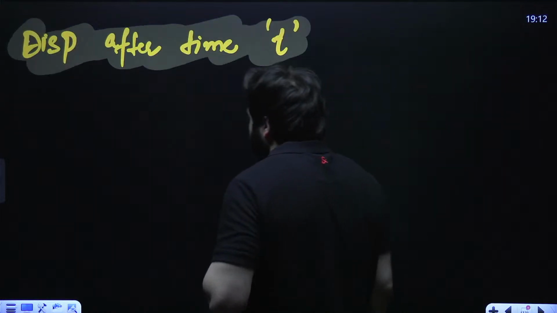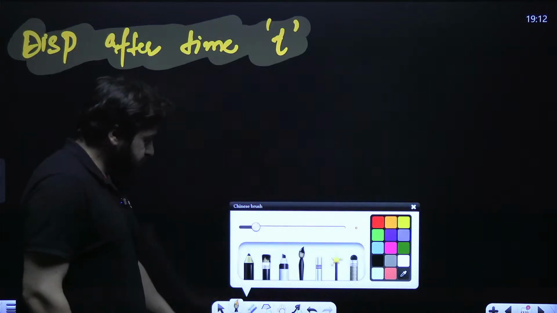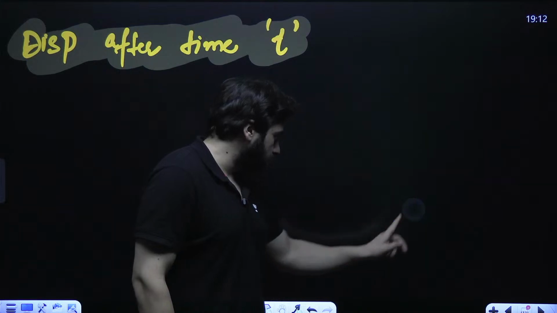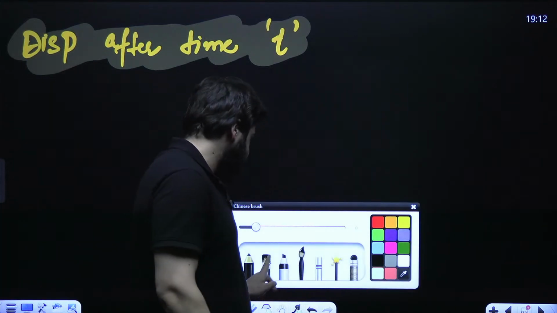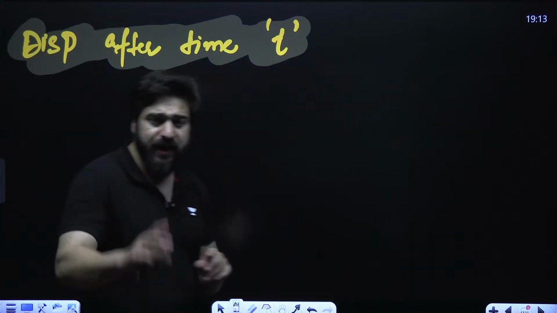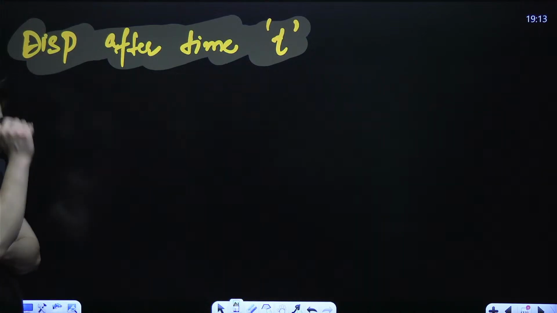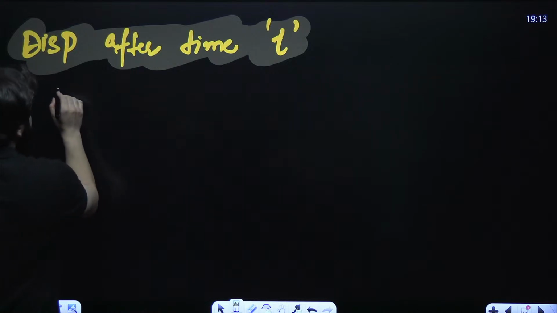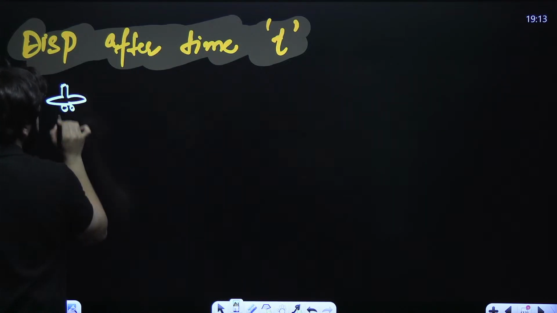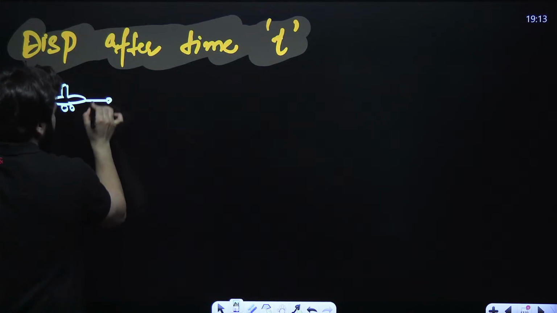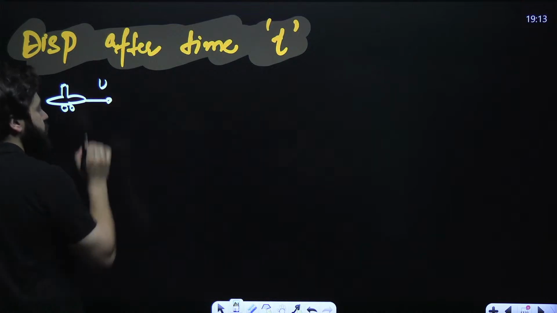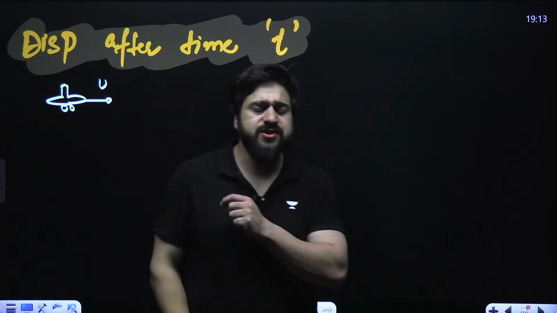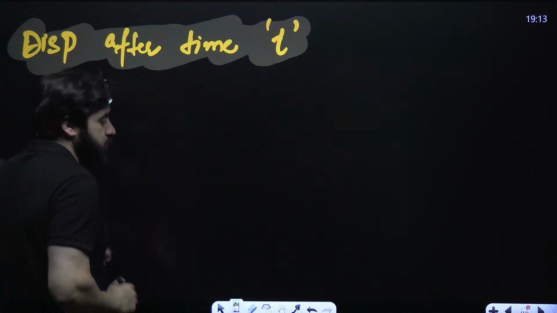Now guys, in today's session, we will first talk about displacement after time t. Listen to me very carefully. Let's suppose there is a car which started from this point and its initial velocity is u.